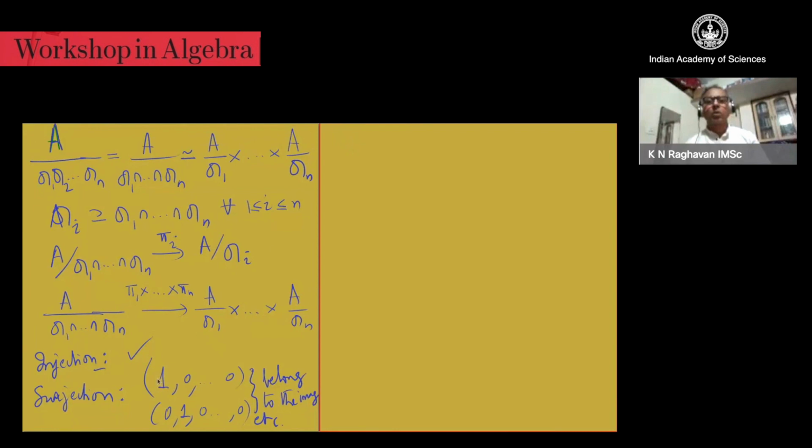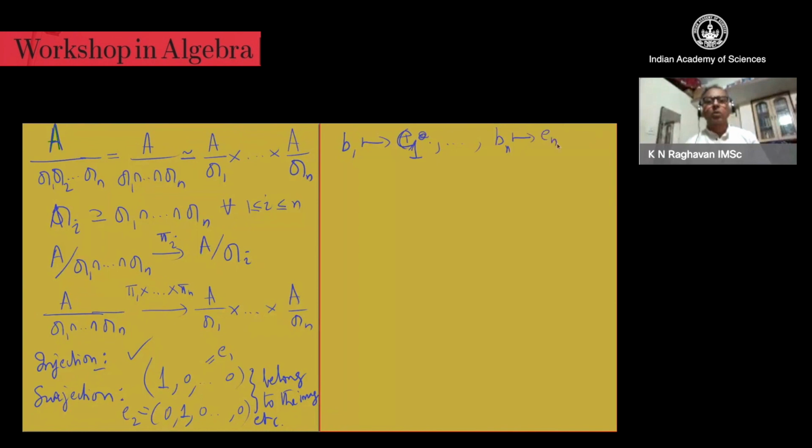then anything belongs to the image. Suppose I have B1 mapping to 1, 0, 0. Let me call this E1, this is E2, etc. So B1 goes to E1, and suppose BN goes to EN.